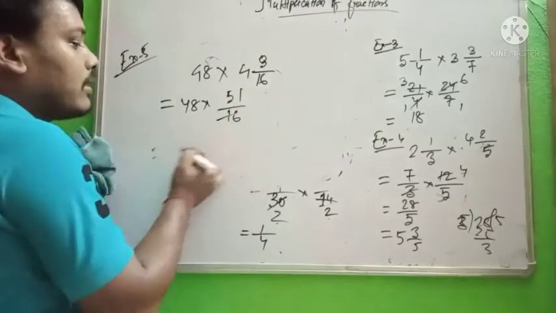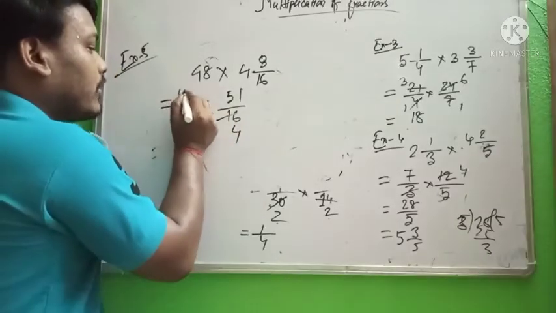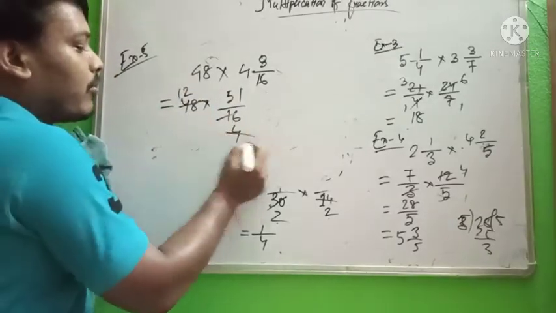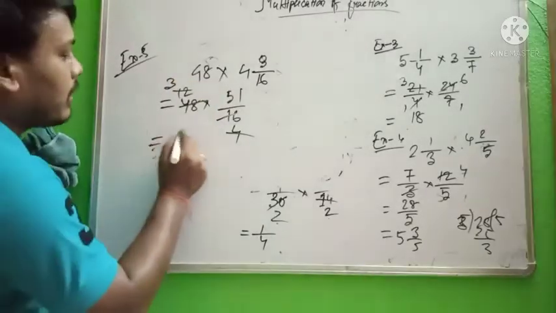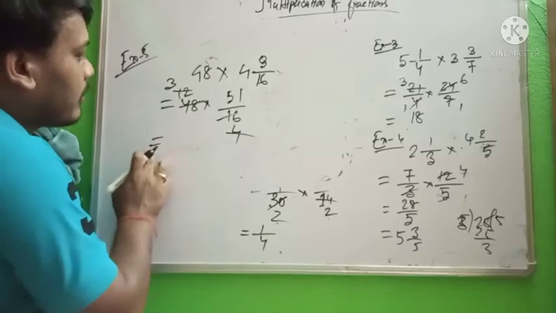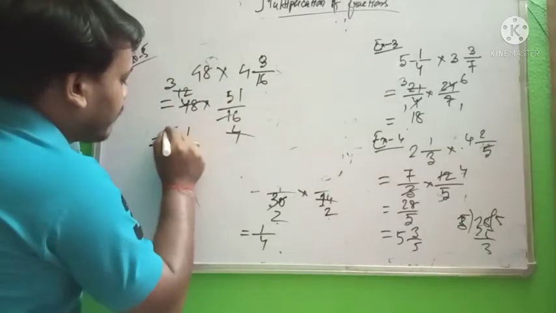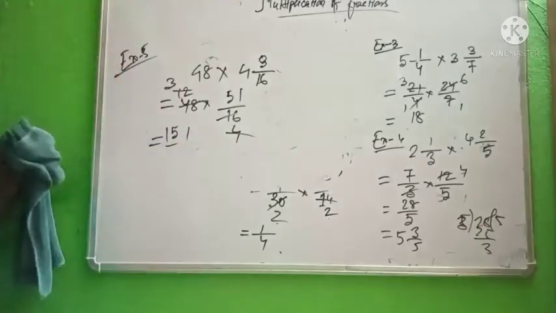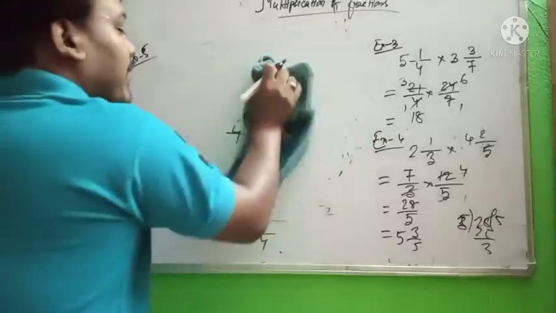Now 16 1s is 16, or you can cut by 4. So 4 4s are 16, 4 12s are 48. So in numerator the value is 3 into 67. No need to write by 1.